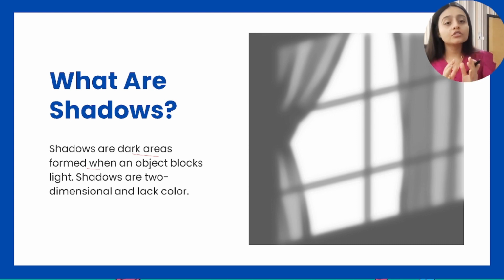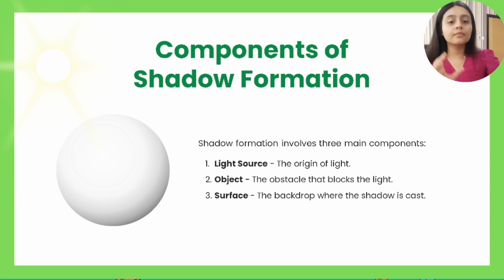Okay, so what are the components of shadow formation? So the light source, which is going to emit the light, the object, and the surface, the backdrop where the shadow is cast. In this case, the object is not going to bounce back the emitted light from the source.